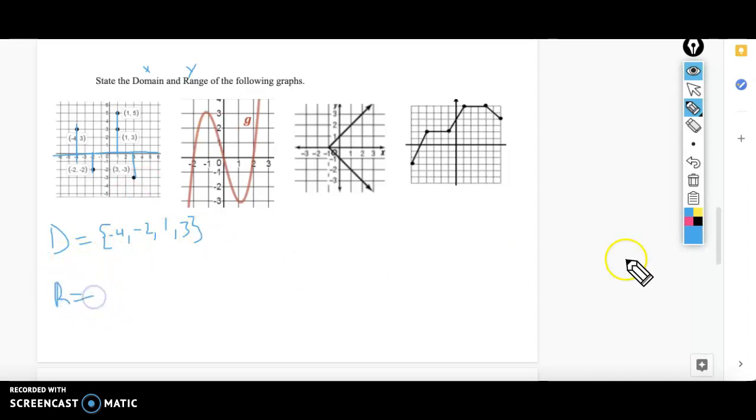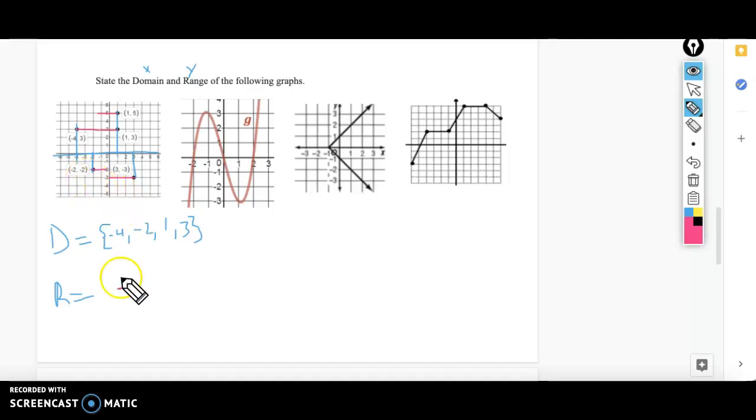Only, again, let me change colors so we can see. The range is our up and down, right? So we're looking at where it's hitting on this up and down axis. So it's hitting there, this one's also hitting there, and this one's hitting there, and this one's hitting there. So highest point down to our lowest point, or we can go lowest to highest. So our lowest point is a -3.